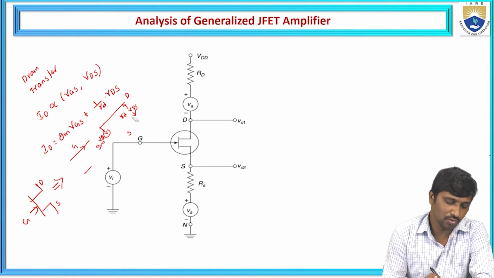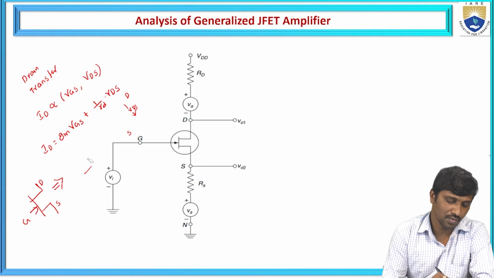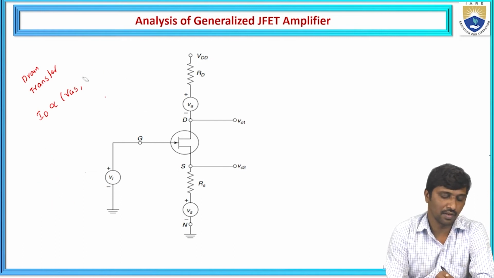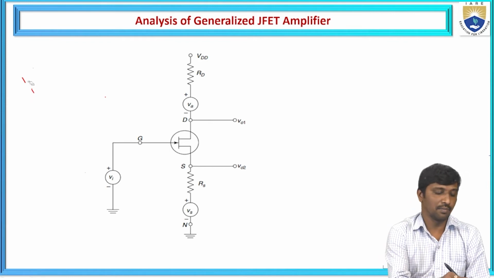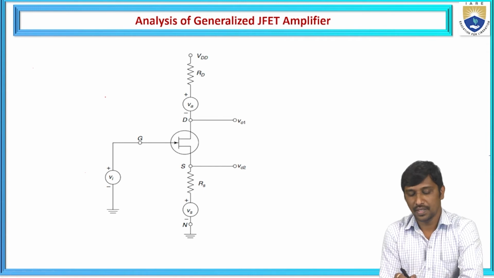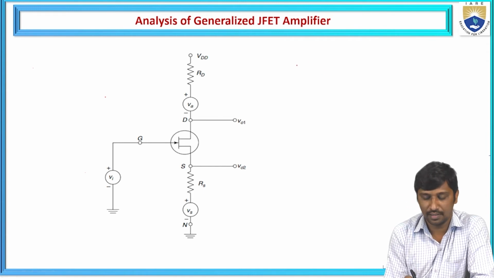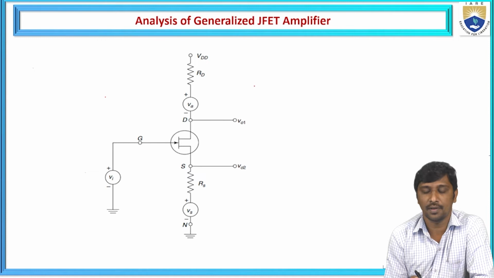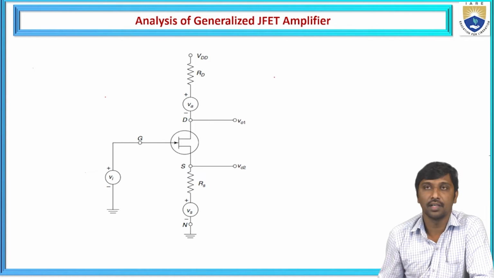From that we need to derive the parameters, meaning how it affects the gain, input impedance, and output impedance. So I'm going to redraw this generalized JFET amplifier in terms of the small signal model.